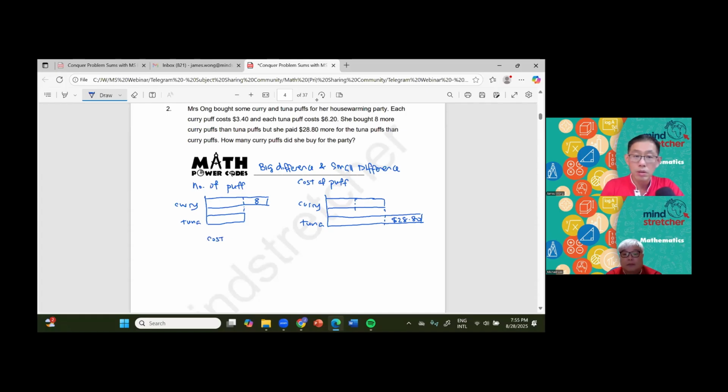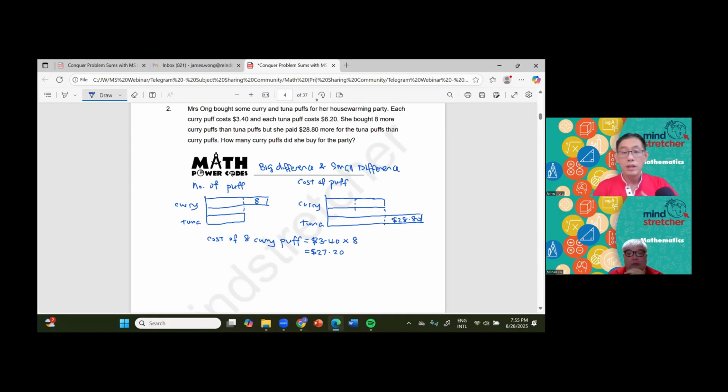The cost of the 8 curry puff will be equal to, the curry puff costs how much? $3.40, right? So it will be $3.40 multiplied by 8. Easily you should get this amount, $27.20. So that's the cost of the 8 additional curry puff.